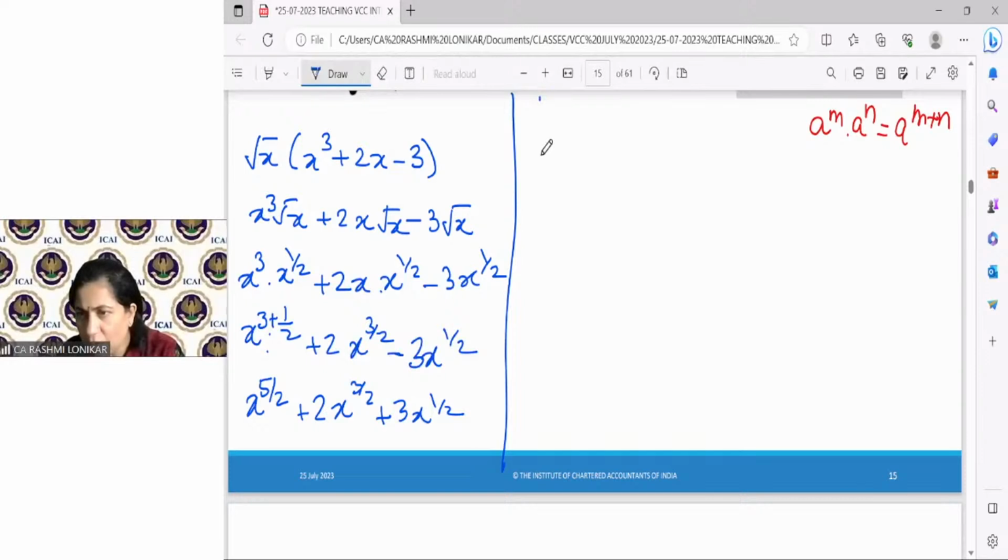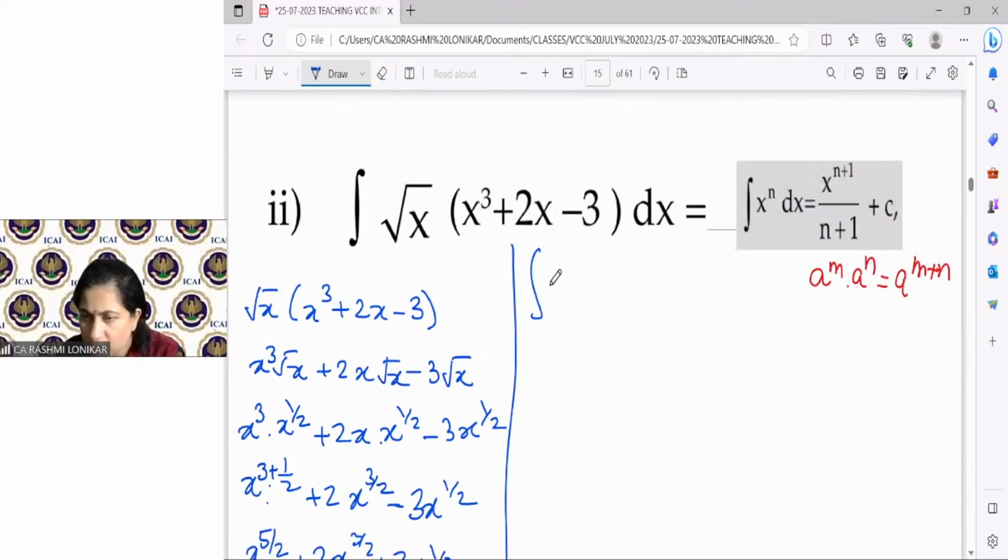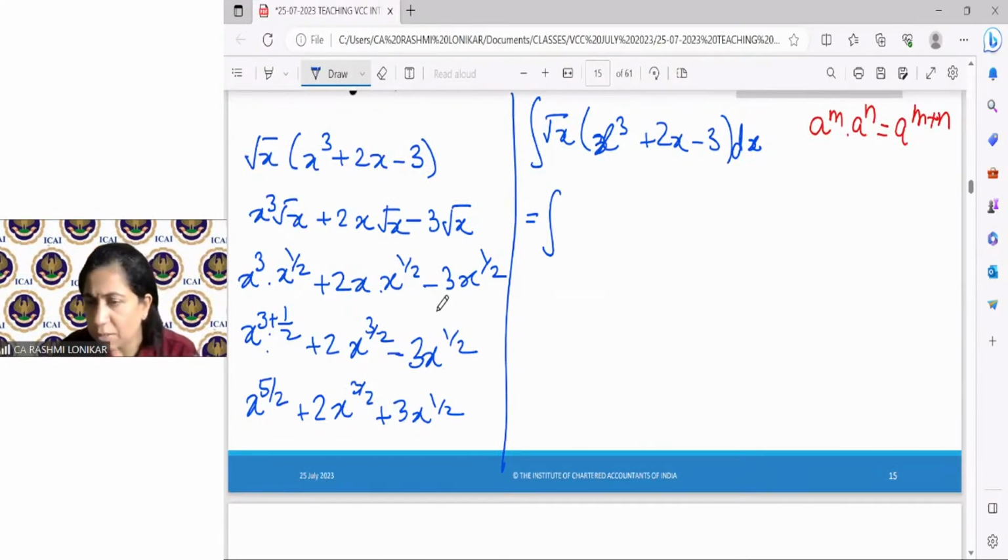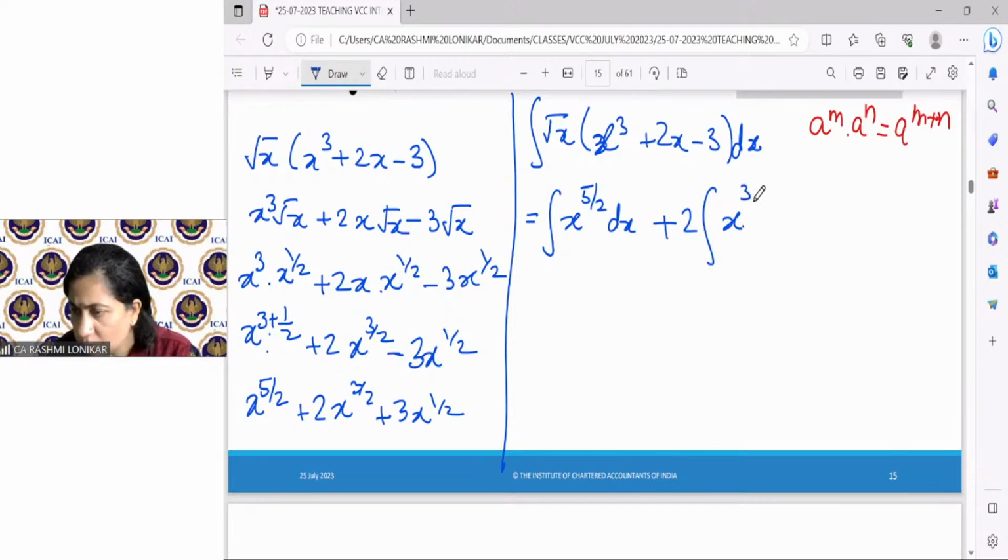Now my integral of square root of x into x cube plus 2x minus 3 dx is equal to integration of x raised to 5 by 2 dx plus 2 integral x raised to 3 by 2 dx plus 3 integral of x raised to half dx.